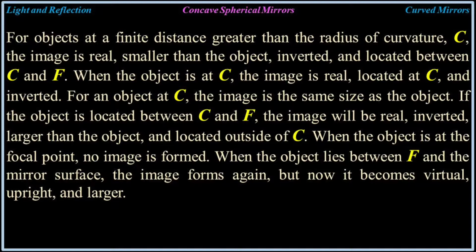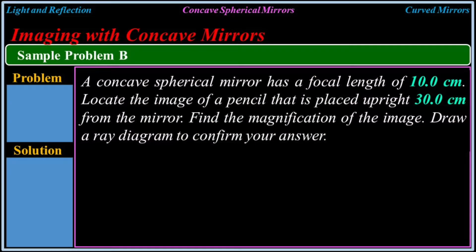When the object lies between F and the mirror surface, the image forms again, but now it becomes virtual, upright, and larger.